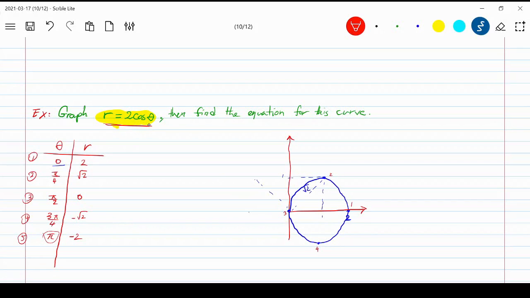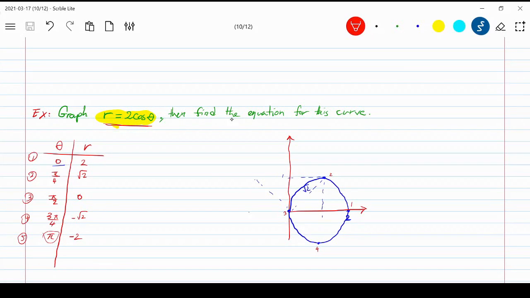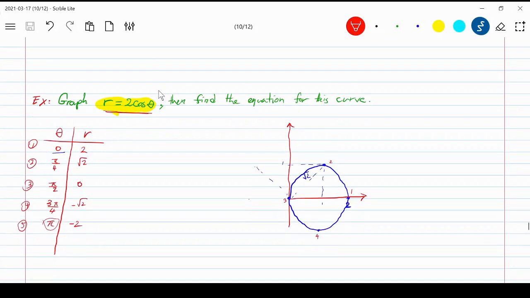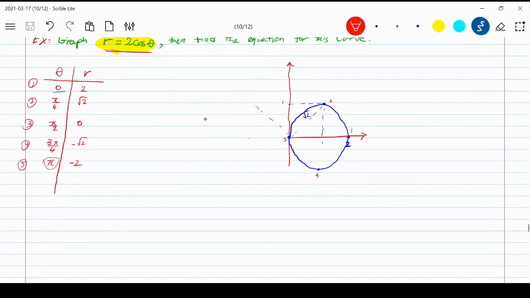But it's not that easy to just pick points and see where each one ends up. So what you can do is find the equation in terms of x and y. How can you do that? Let's see. The equation that we have is r equals 2 cosine theta. The center is supposed to be at 1 here.